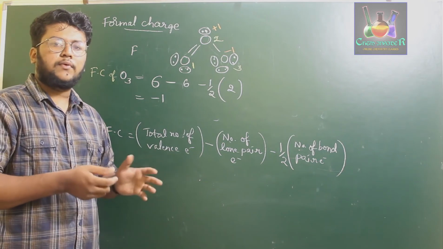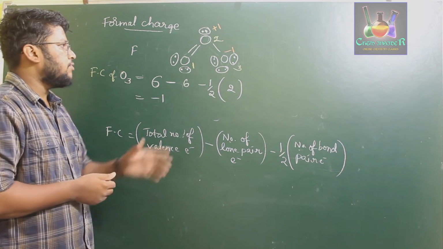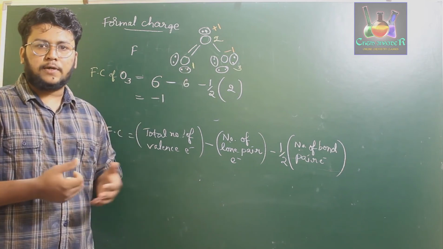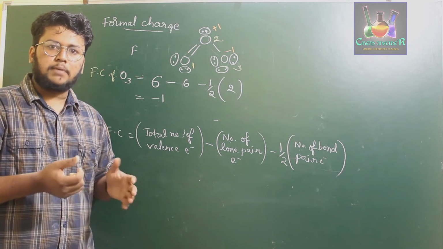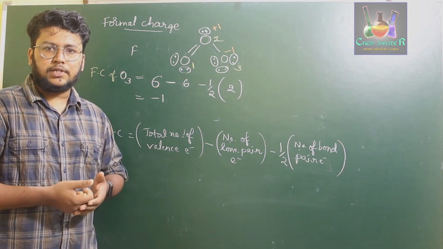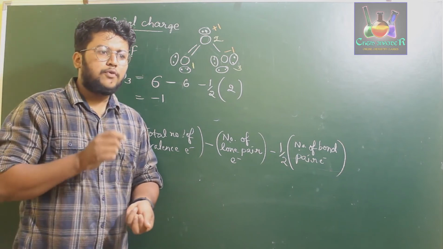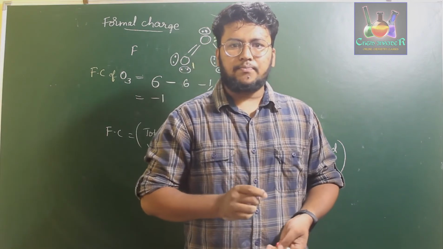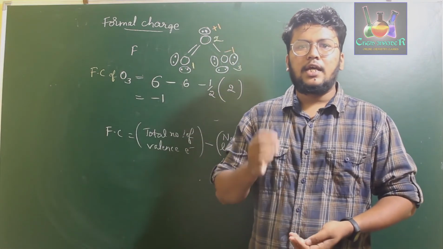If you consider the O3 molecule itself, it may have multiple types of structures, and each of those structures may carry multiple charges, and those charges may result in multiple energy levels. So we have to choose that particular structure which has the least energy. That is nothing but the one which carries the least charge.